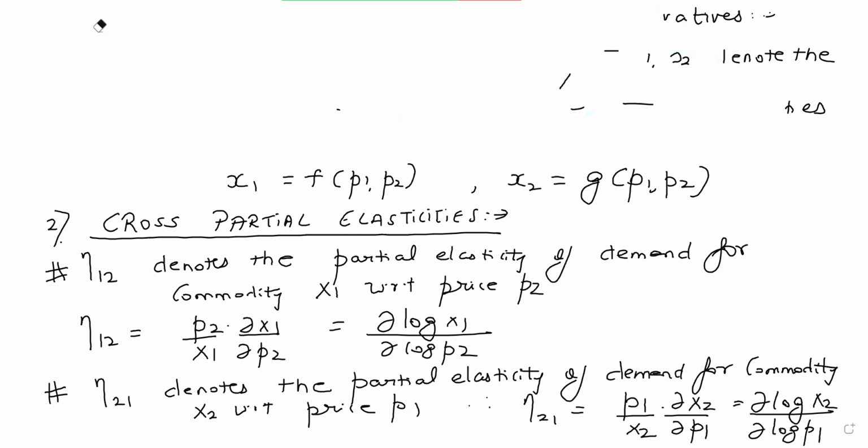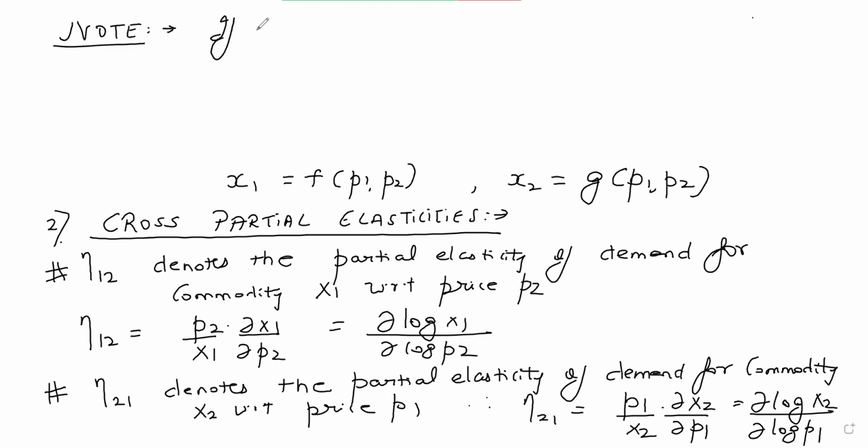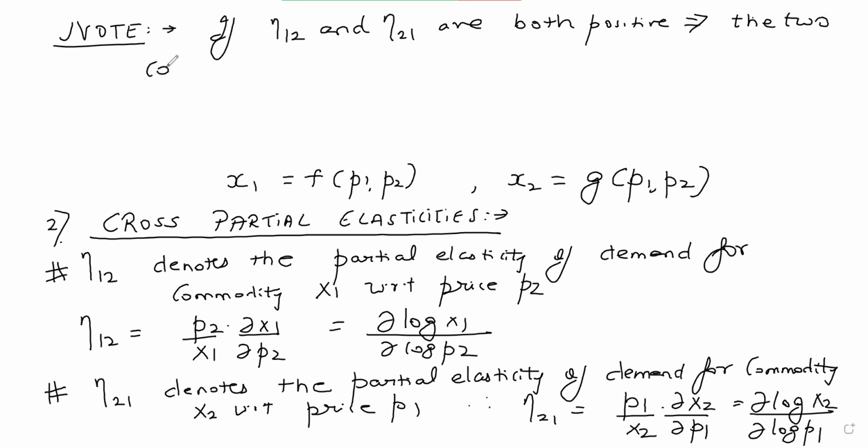I can write a note that if eta 12 and eta 21 are both positive, it implies that the two commodities x1 and x2 are substitutes.